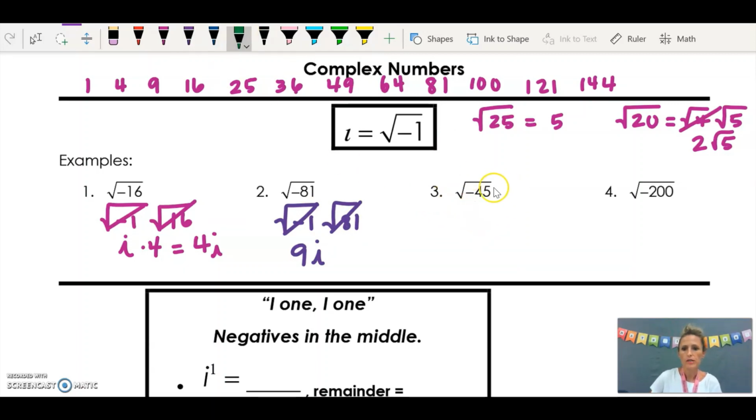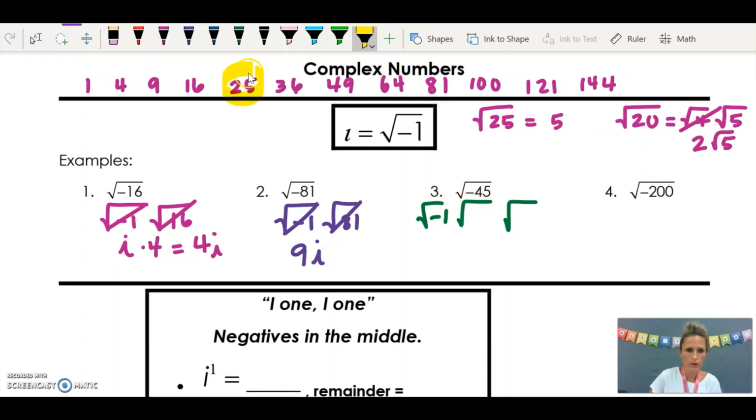Now the next one is a composite number that is not a perfect square, so we want to break 45 down into a perfect square and another factor. So I'm going to split it into -1 and then 2 factors, one of which is a perfect square. A good rule of thumb for simplifying a radical is to start with about half of this number. So 45 is close to 50, and about half of 50 is 25.